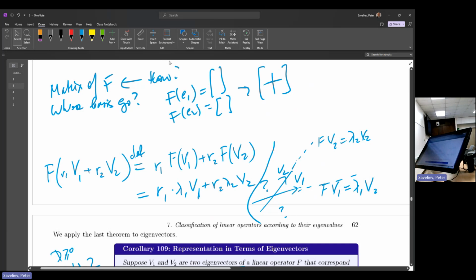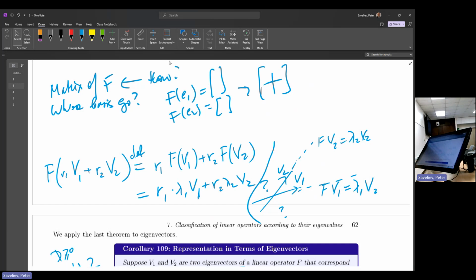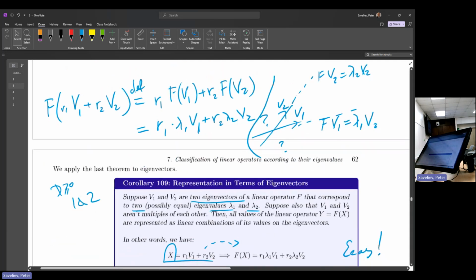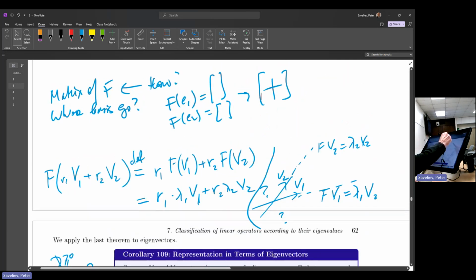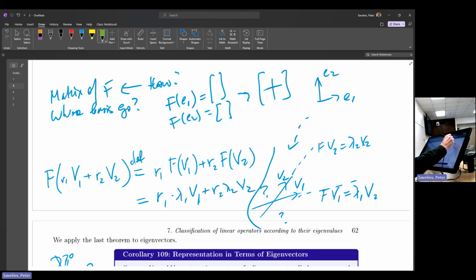Remember this? We are in a similar place, except we're not looking at the standard basis, we're looking at a non-standard basis that has been discovered. It applies to this particular linear operator, but the picture is very similar. These are E1, E2, but this is what they look like. They're not perpendicular unit vectors anymore, but that's okay because there is no redundancy.